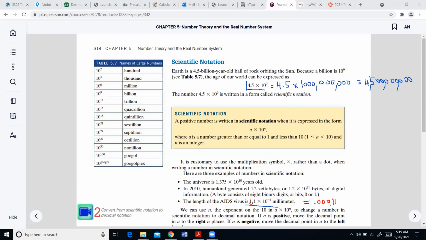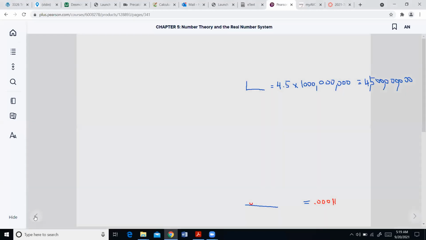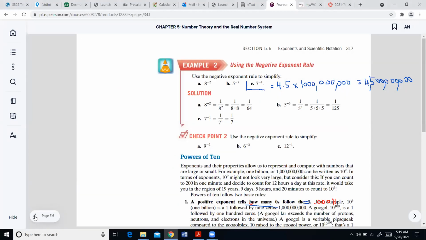But the way the calculator will treat it will be 1.1 times 10 to the power of -4. Well, that's how calculators are constructed, and that's what we should realize. Scientific notation is a special way to write numbers using those powers of 10.